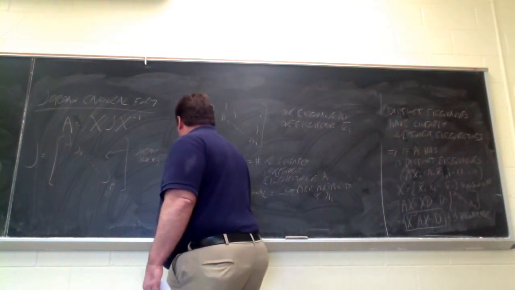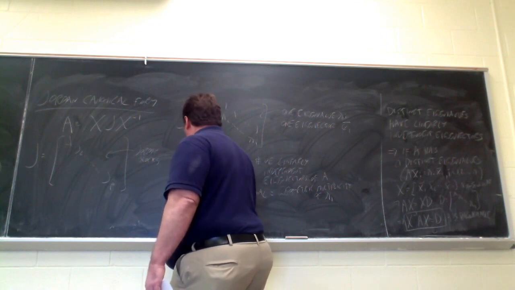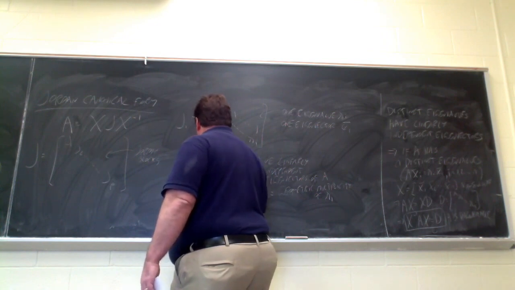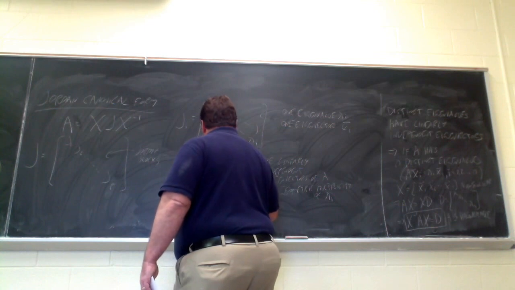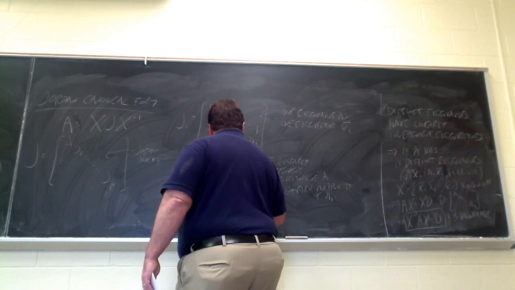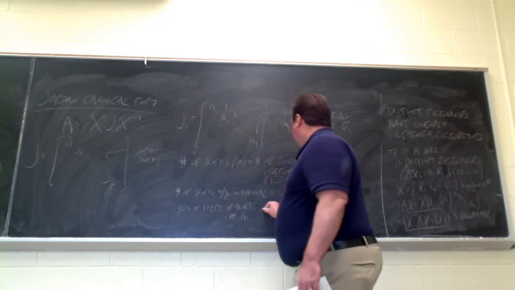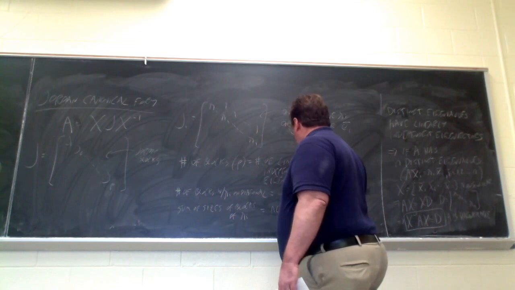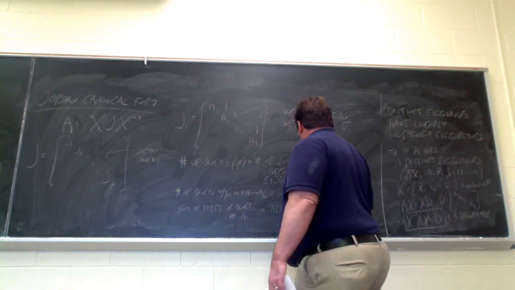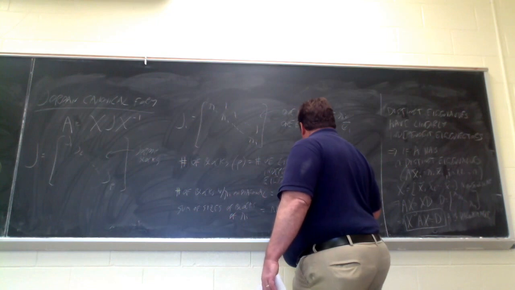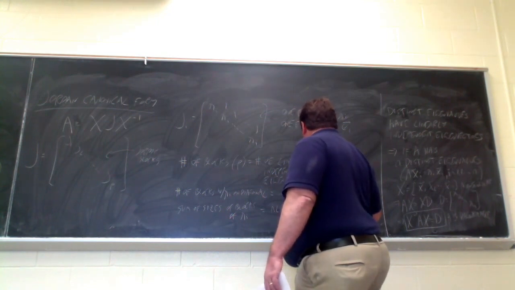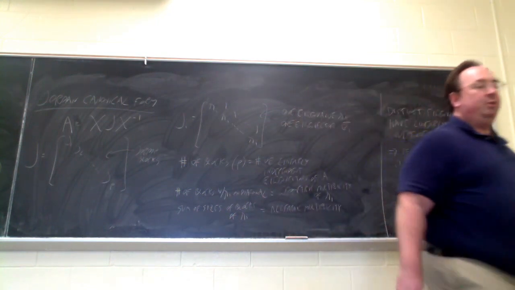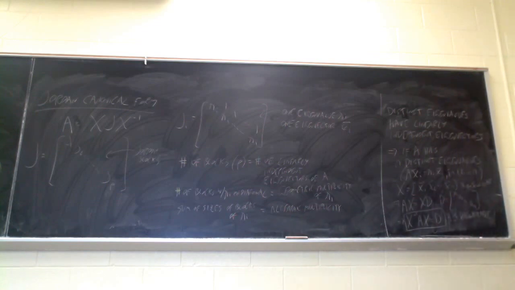The sum of the sizes of these blocks that correspond to this particular eigenvalue is equal to the algebraic multiplicity. So if you have the Jordan form, you can basically read off the algebraic and geometric multiplicity of each eigenvalue.